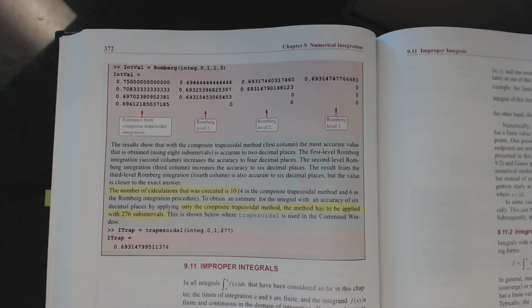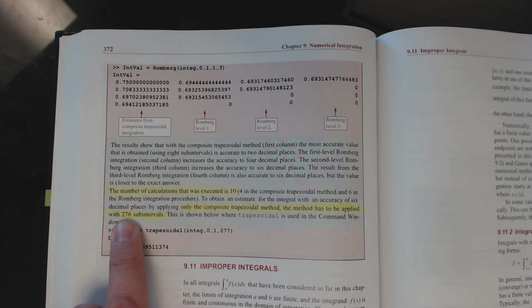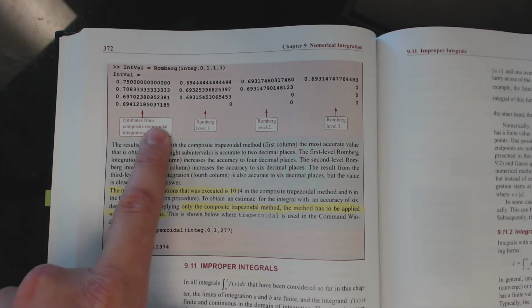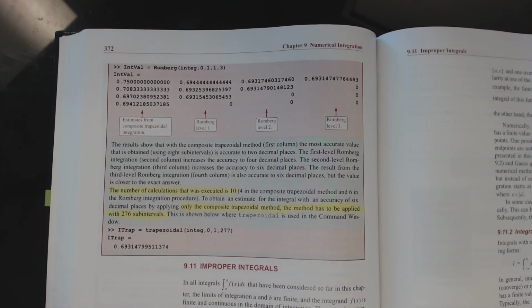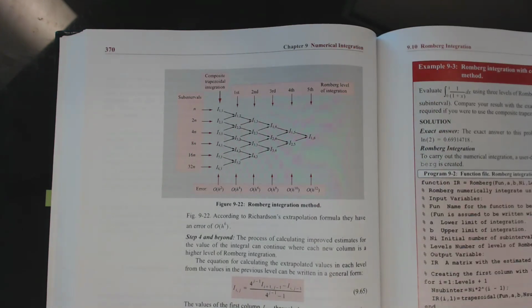And if you only wanted to gain the same accuracy by just cranking up the division count in the trapezoidal method, you have to use 276 subintervals. Here, they've done that with how many subintervals? Does it say?